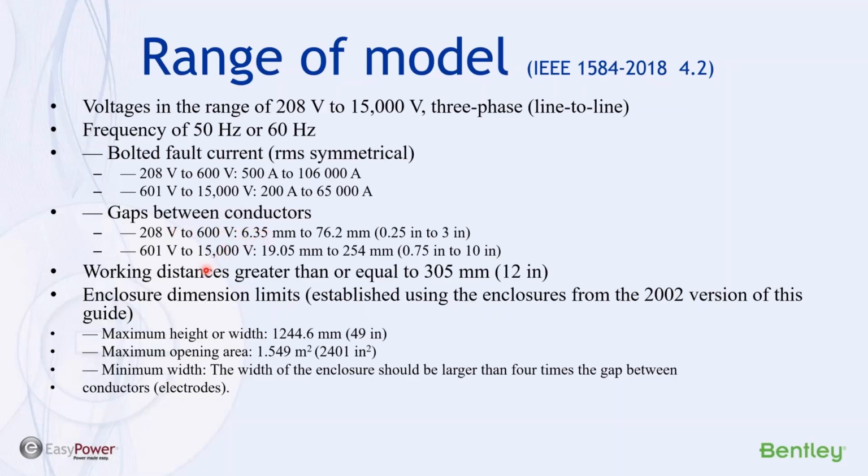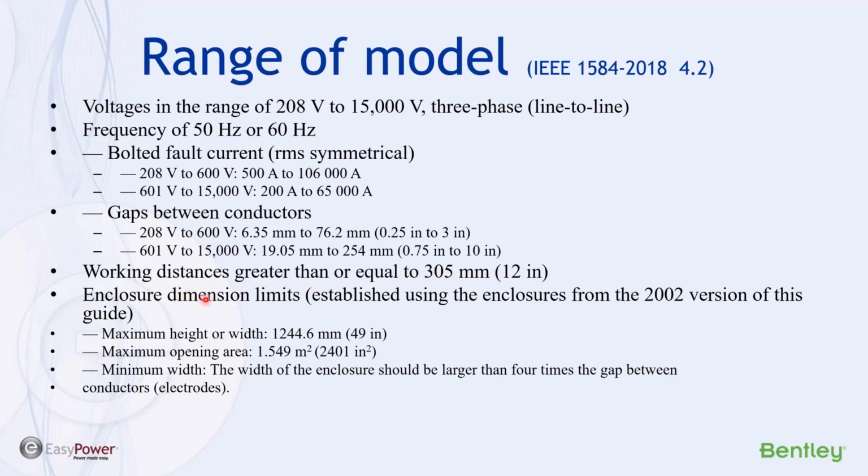The working distance is stipulated to be greater than 12 inches. The justification is that with anything less than 12 inches, potentially you could be in the plasma, the arc plasma ball, and that's a bad thing. So they want to discourage any working distance less than 12 inches.